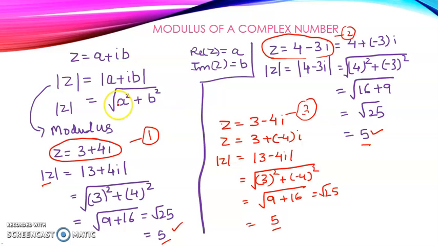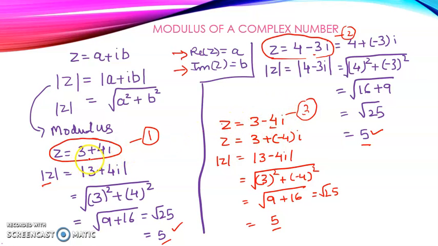This shows that for modulus z, we take the square of the real part and the square of the imaginary part and under root. See 3 and 4, or 3 and minus 4. This minus 4 will become positive, and here this minus 3 will become positive. So the sign of the real part and imaginary part does not make any difference because the negative will become positive on squaring.